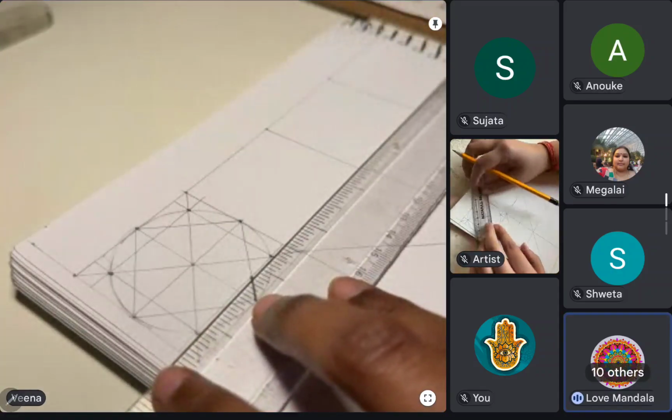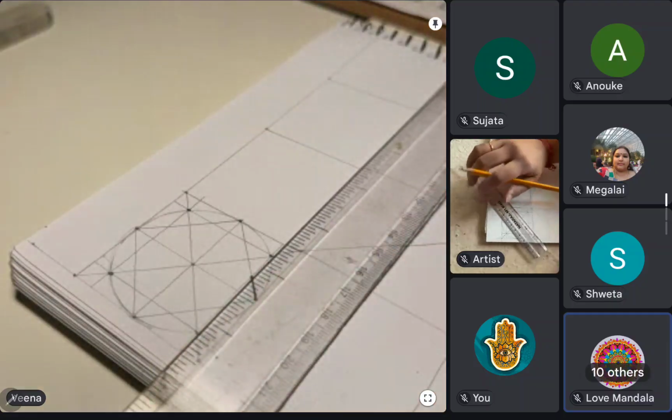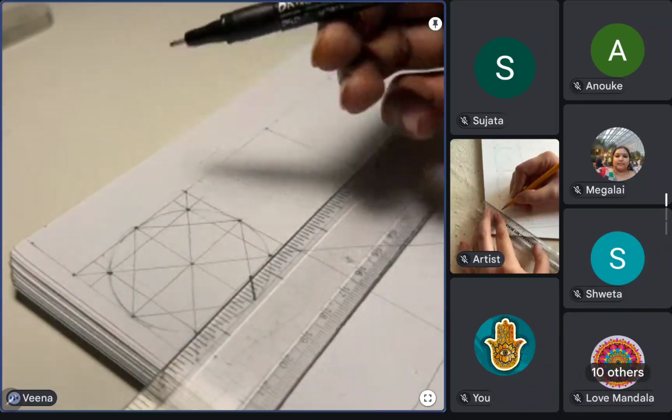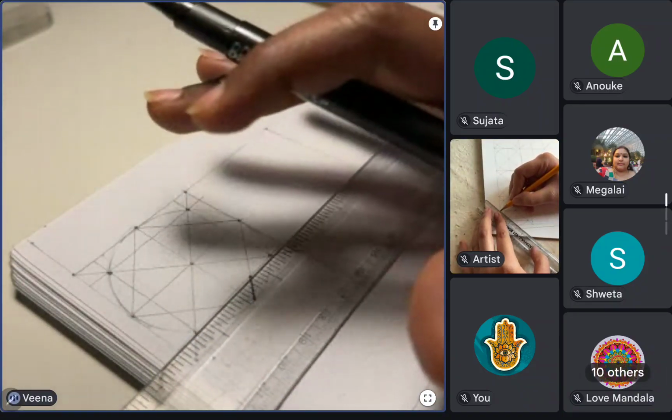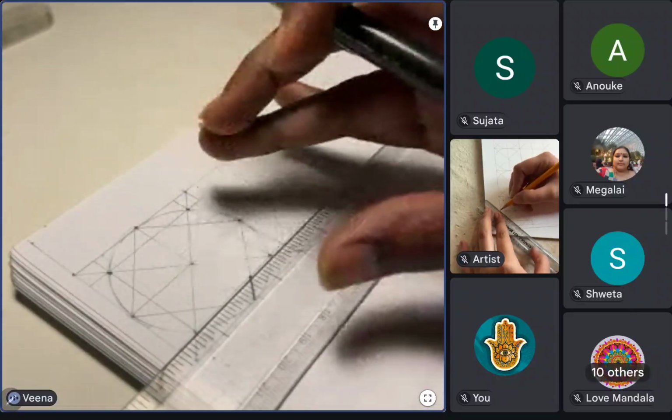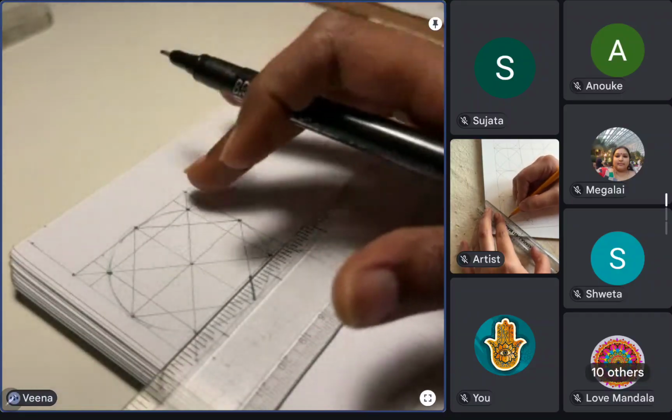After the circle, it's similar to what we did before. We are just doing it now inside this one.